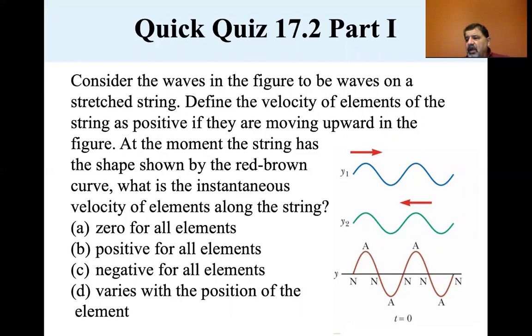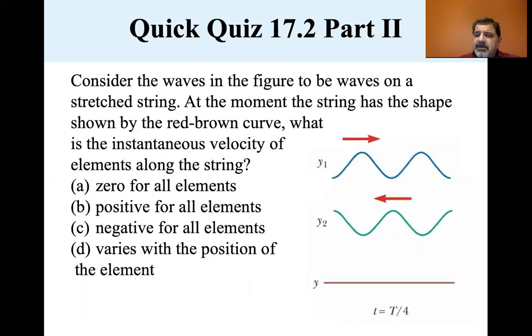Is it 0 for all elements, positive for all elements, negative for all elements, or does it vary with position? And the answer is 0 for all elements. The pattern shown in the bottom figure corresponds to the extreme position of the string. All elements of the string have momentarily come to rest.